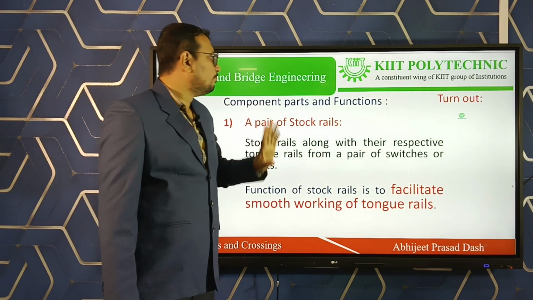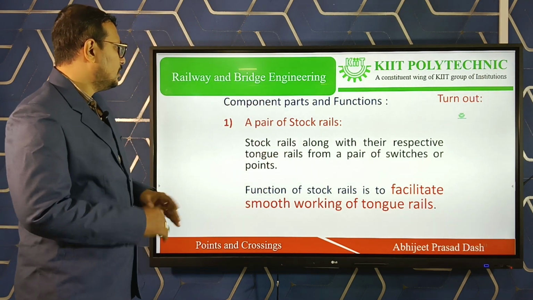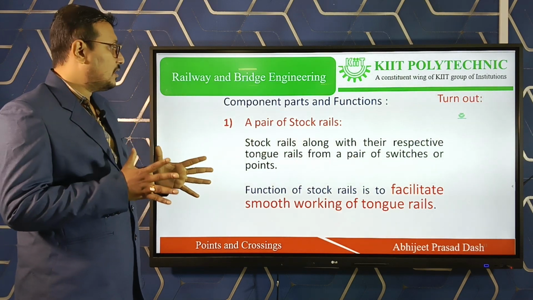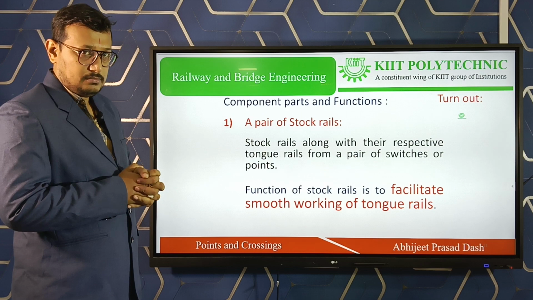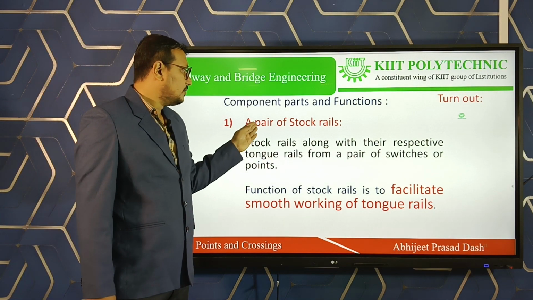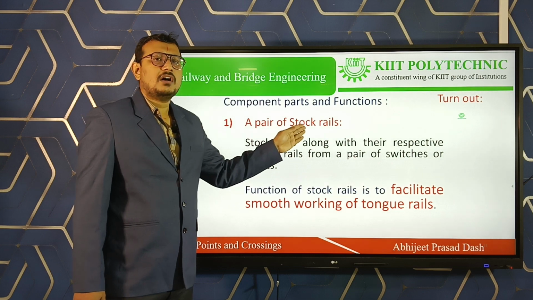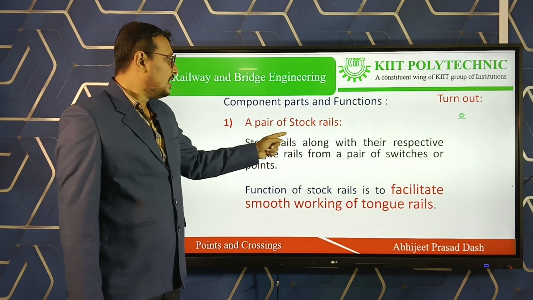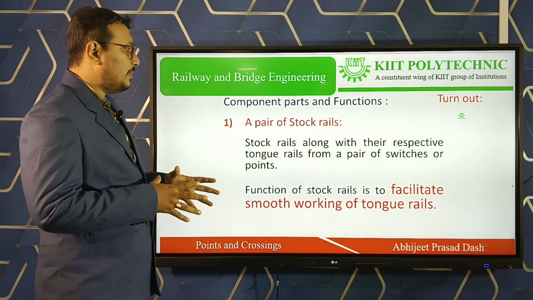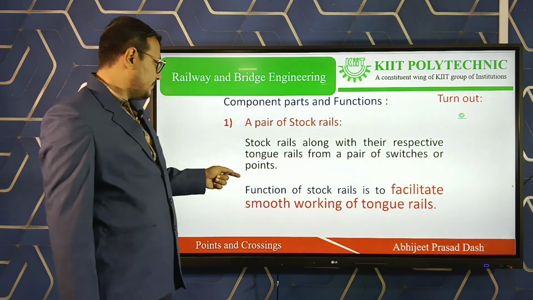Components and parts. A pair of stock rails. In points and crossing total system, the main parts, one is a pair of stock rails. Stock rails along with their respective tongue rails form a pair of switches or points.